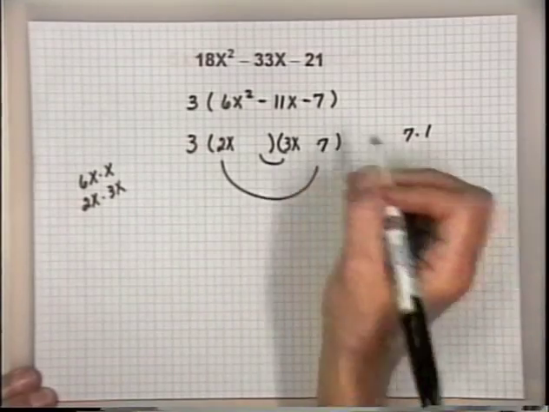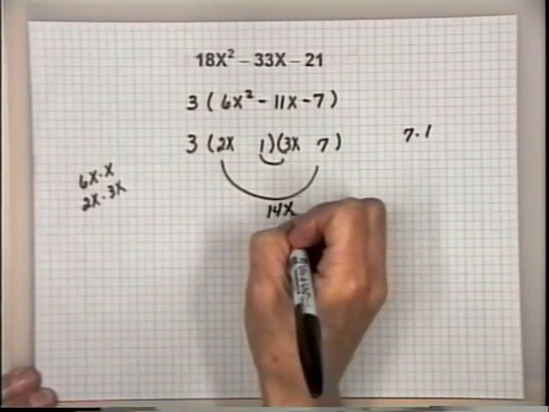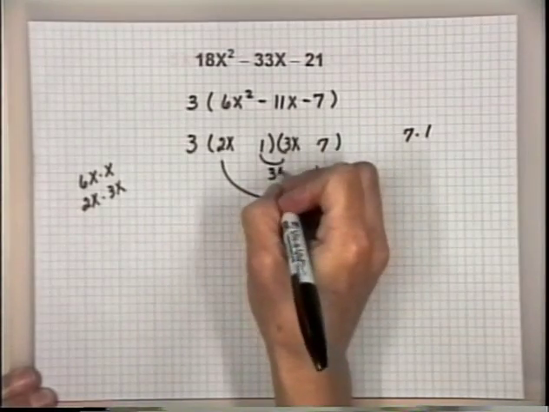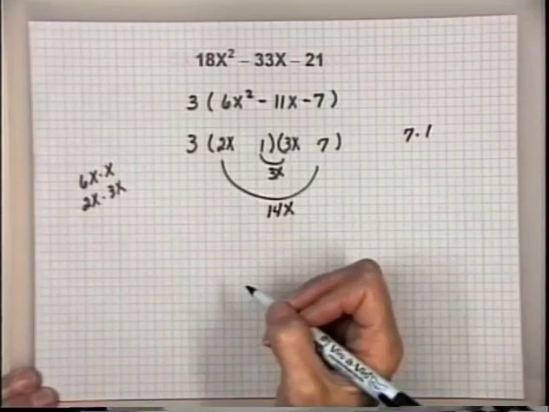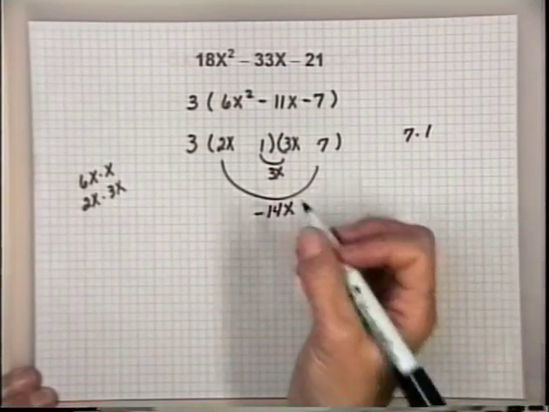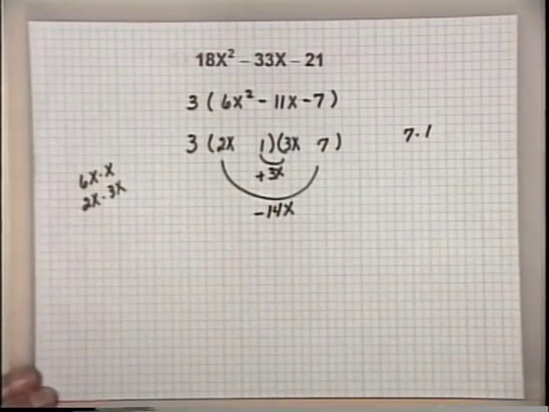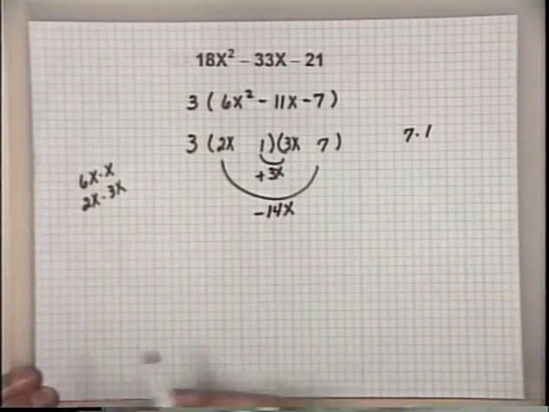If I put a 7 here and a 1 here, my outside product is 14x. The inside product is 3x. The difference between these is 11. I wanted that to be negative. If this is negative 14x and positive 3x, I do get that middle term of negative 11x.